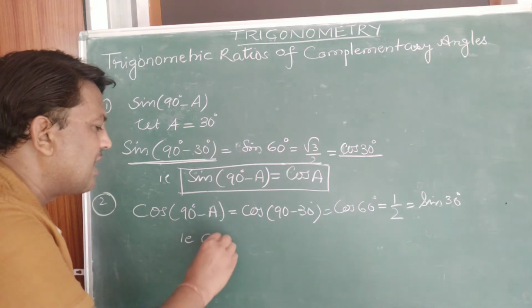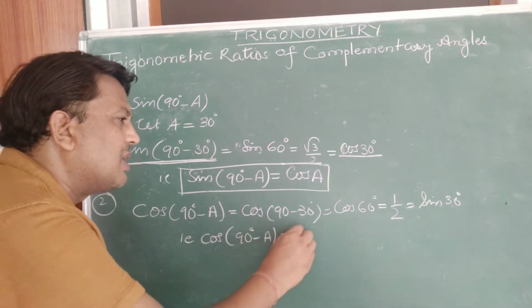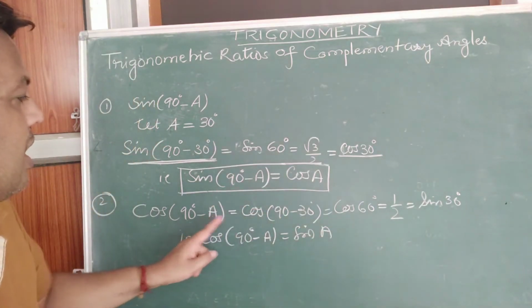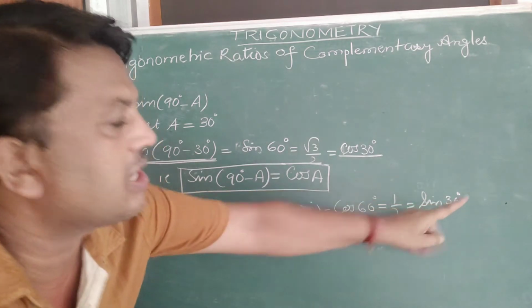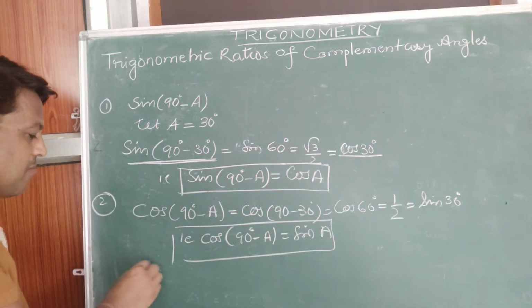That is what we can write, children. Cos 90 degree minus A is equal to sin A. Okay children, here A was 30, so this 30 is again A. Okay children. Similarly, number 3.